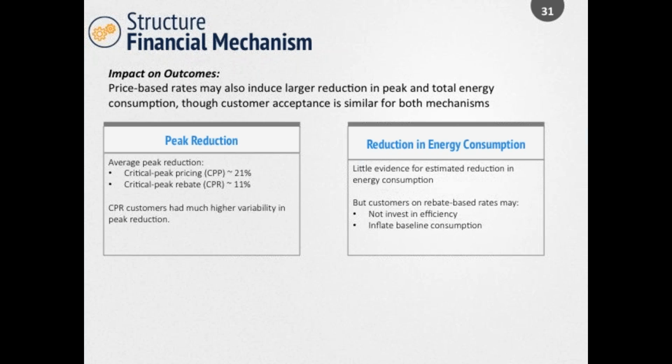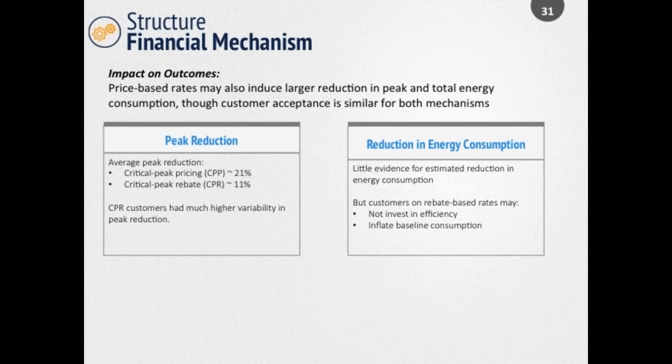Moving on, the evidence from a number of studies, if we focus just on rebates and price-based rates for now, suggests that both these programs are equally accepted by customers. Price-based rates tend to be much more effective at reducing peak and total energy consumption. What we note is that average peak reduction from critical peak pricing rates is about 21% compared to 11% for rebate type rates.